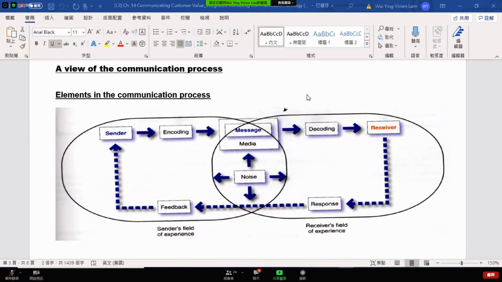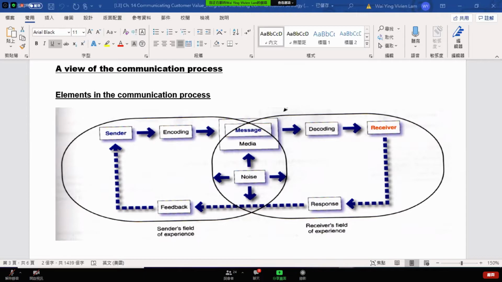And in between, I'm using some kind of media. Zoom is the media, okay. And noise can be, as I mentioned before, sometimes next to my home there is a construction site. Sometimes there is physical noise and psychological noise.